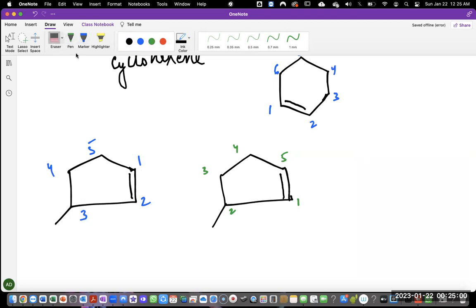So let me erase this as well. Now there's one more incorrect way which you guys might think of writing it like. So let's take a look at that. What is that option? So 1 here, and then 2 here, 3 here, 4 here, and a 5 here. What is wrong with this, guys? You're giving your double bond a 1, which is good. But then your methyl here is getting number 5.